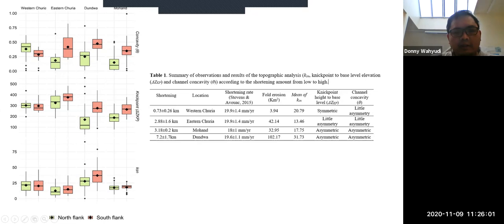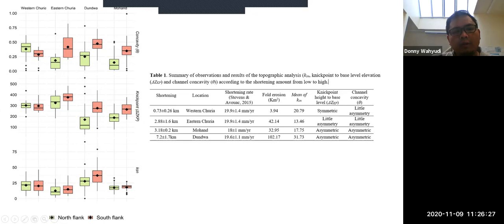And if you look at the nick point distribution, this is the nick point elevation normalized to base level. This is in the Western Churia range. We can see that the nick point elevation to the base level has a uniform magnitude.